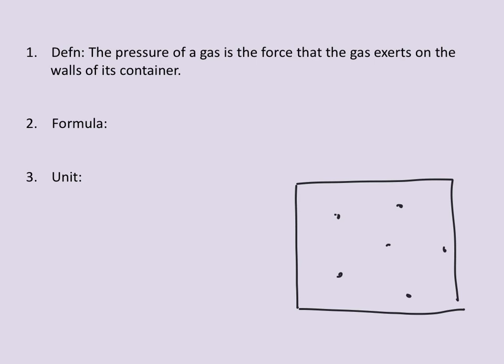And what we can do is look at pressure in terms of the formula that is used to calculate it. So pressure equals the force over the area. Well, if all of these different gas molecules in here are exerting a force on the wall every time they hit, we can sum up all of those different forces, and then we can take that amount and divide it by the area of the wall.